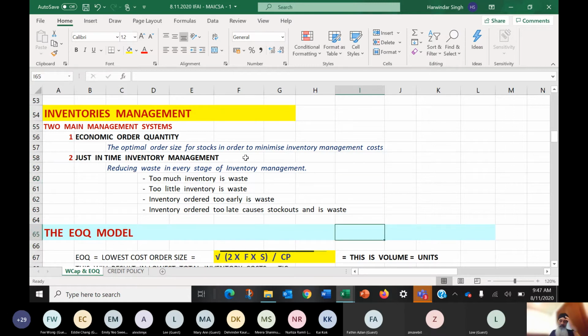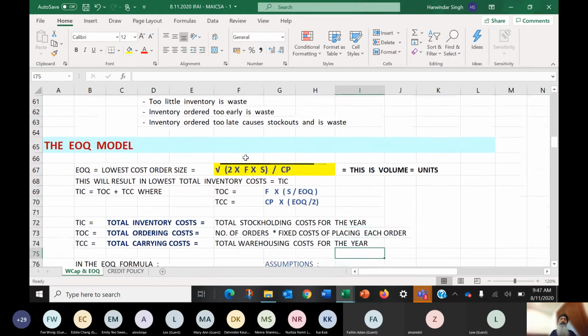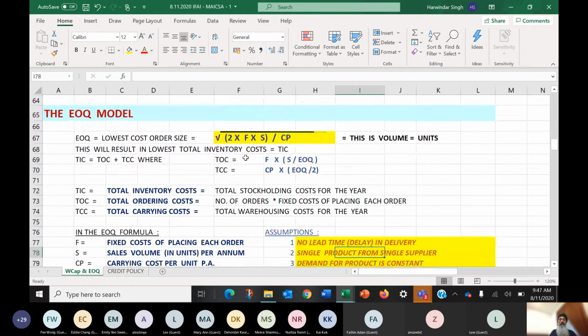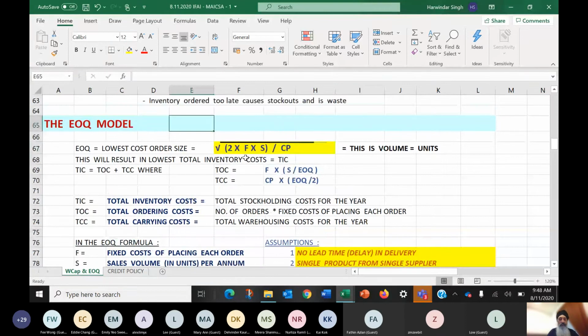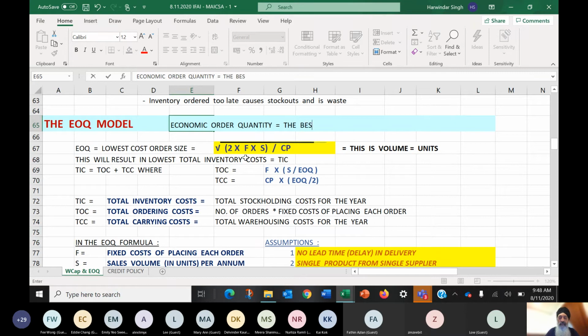Okay, so what's the maths here? This is the EOQ model. EOQ stands for economic order quantity, by the way. So what is this economic order quantity? It is the best order size.